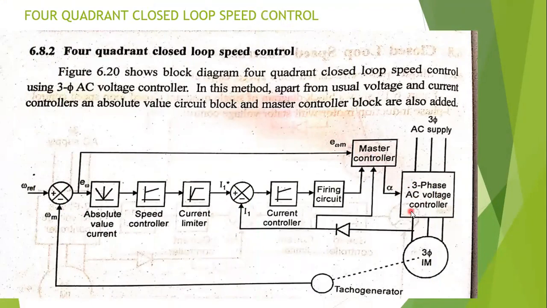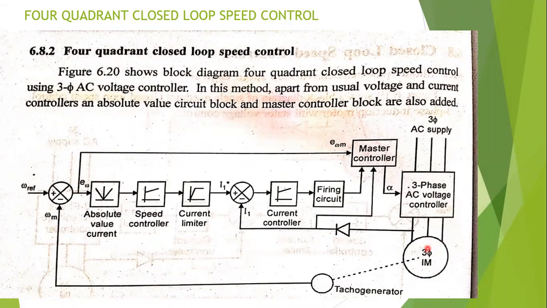So the master controller takes the three pieces of information, from the error signal, the firing circuit, and the current sensing. Based on these three input signals, the master controller develops the firing signals and gives the triggering pulses in order to rotate the three-phase induction motor in the clockwise direction, which is called the positive direction, giving the firing signals to the RYB.